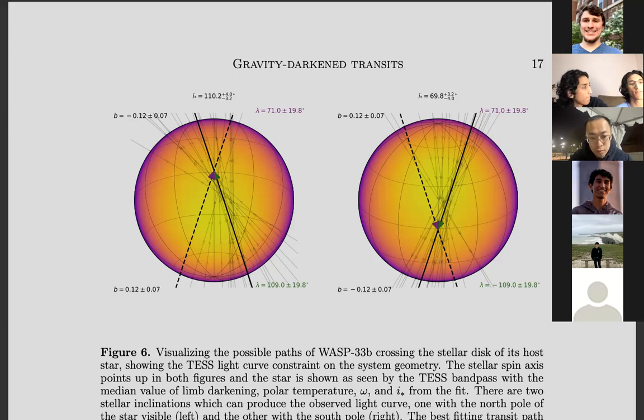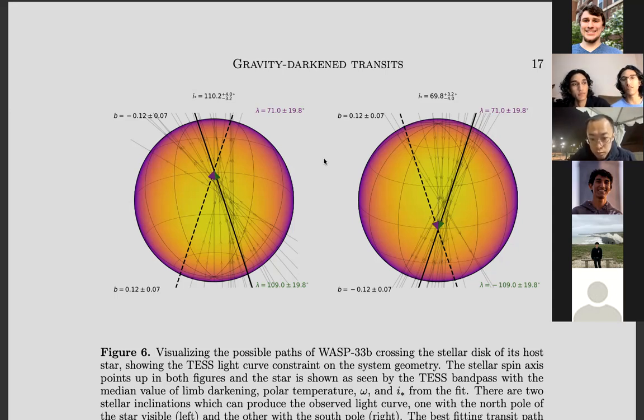The exciting thing about this code that we've written to model oblate stars with gravity darkening is that it's applicable to more than just modeling planet transits. The reason why I asked about Aspen is I know a lot of people in Aspen were talking about the recent discoveries of stellar mass black holes. I know a lot of those discoveries are predicated on finding a star that's varying in brightness for unknown reasons.